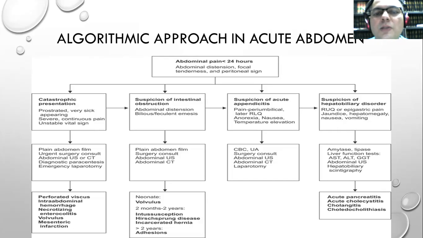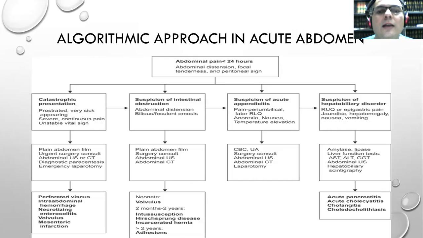If there is suspicion of appendicitis, the pain will be localized and laparotomy might be required, but again for investigation we need a sonography or abdominal CT. And in case of hepatobiliary disorders, we need to go for all blood chemistry, and from that we can diagnose acute pancreatitis, acute cholecystitis, cholangitis, or choledocholithiasis.